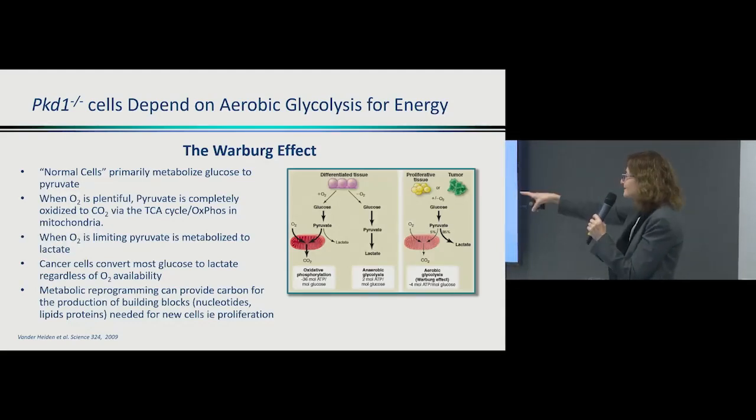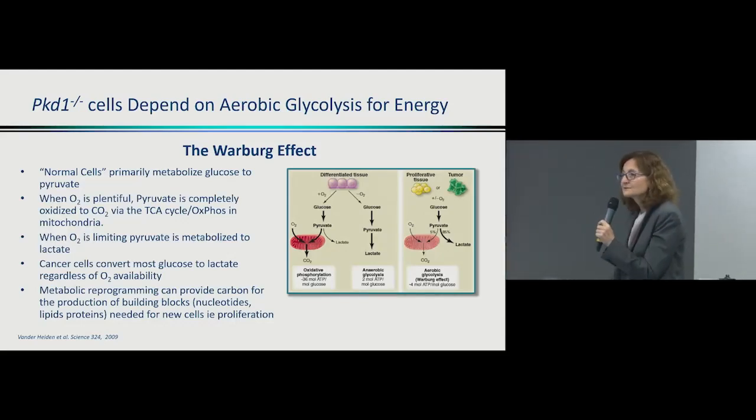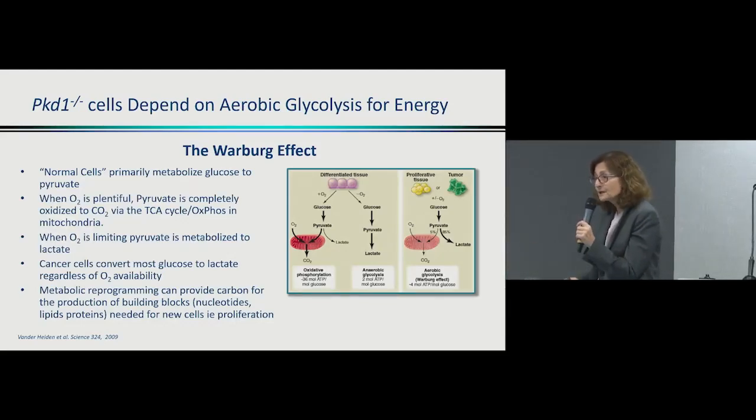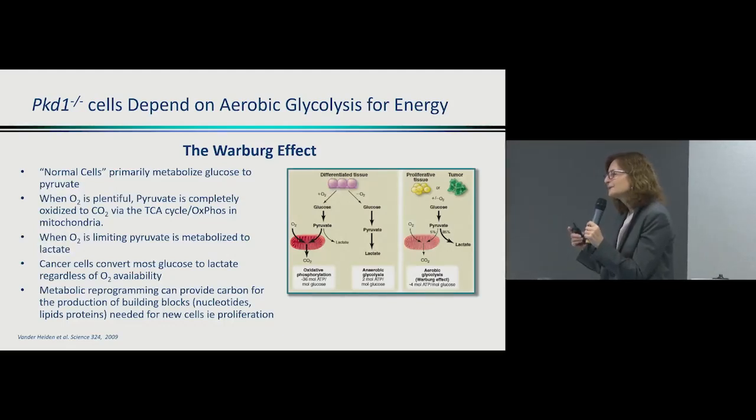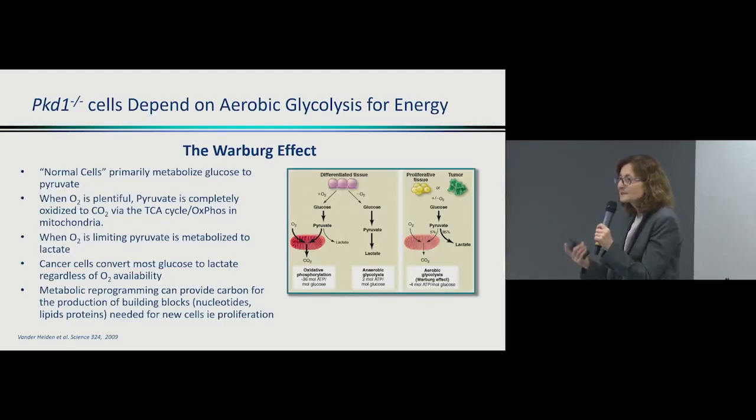So just to summarize that idea, metabolic reprogramming provides carbon for the production of building blocks, nucleotides, lipids, proteins, et cetera, which new cells need to grow. In some ways, this is getting to the idea that PKD has some similarities to cancer in terms of metabolic profiling.